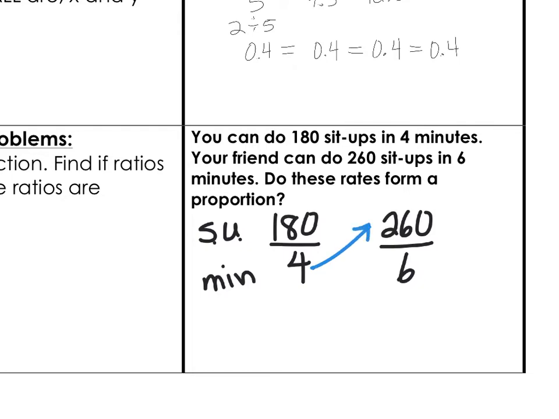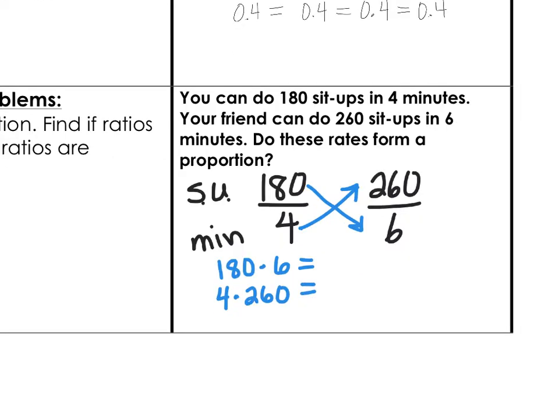Cross products are diagonal. So that is going to be 180 times 6 and 4 times 260. Okay, 180 times 6 is 1,080, and 4 times 260 is 1,040.